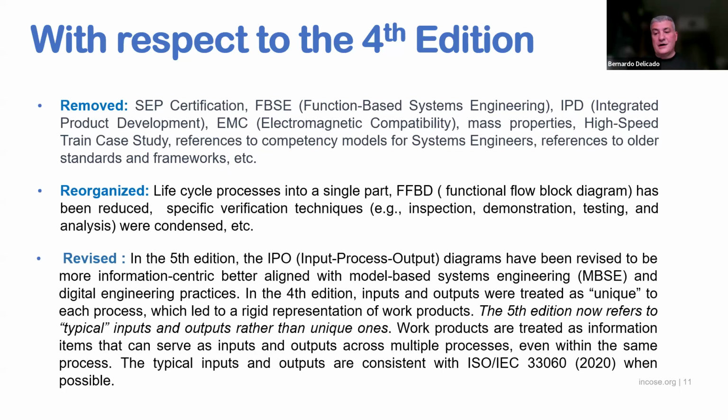The 5th edition now refers to typical inputs and outputs rather than unique ones. And work products are treated as information items that can serve as inputs and outputs across multiple processes, even within the same process. The typical input and output now in the 5th edition are consistent with the ISO 33060 when possible.